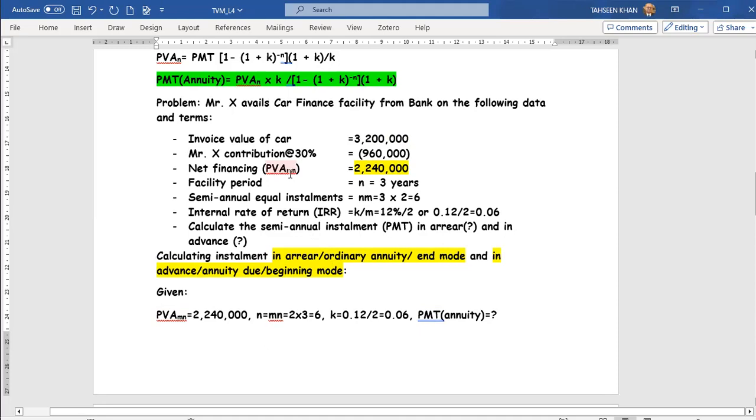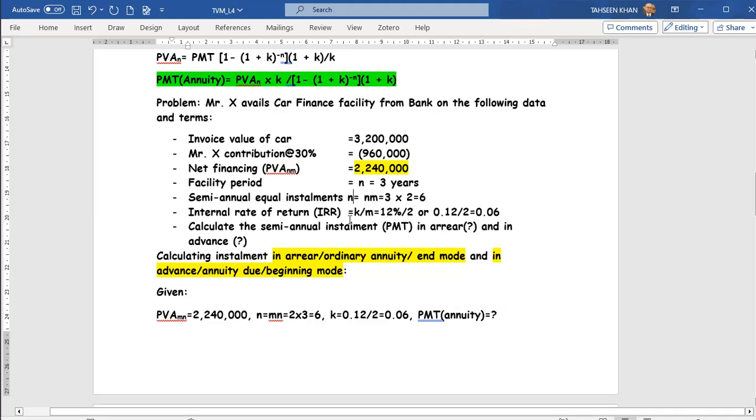M represents the periodic payment, if you are going to make it semi-annually or quarterly or monthly. Here the case is semi-annual equal installment. Payment term is semi-annual equal installment. So N will be equal to N multiplied by M. It comes to 3 multiplied by 2 equal to 6.